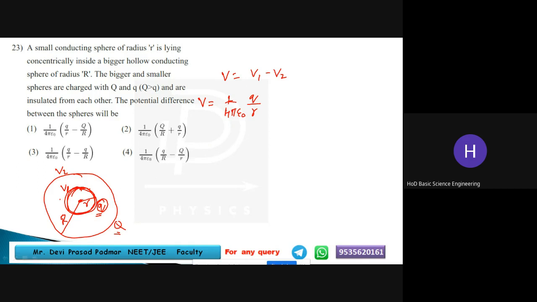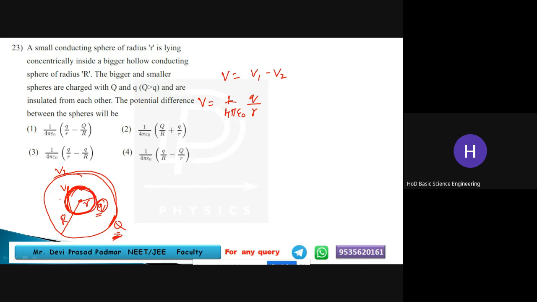Now, due to the charge on the outer surface, there will be some potential on this inner surface. And you know the concept: potential inside is equal to potential on the surface. That means if you consider the potential of this capital Q on this outer surface, whatever value you get, the same potential will be there inside also.